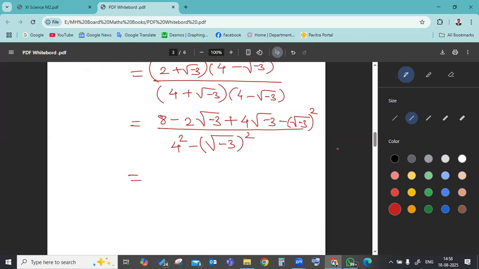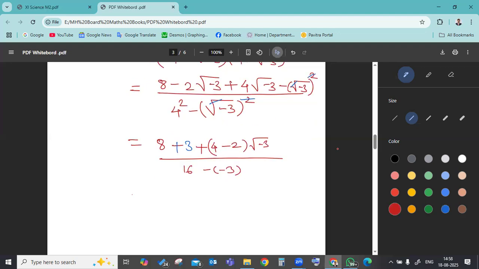So it becomes what? 8 minus, the square and root will get cancelled, minus of minus 3 plus 3, and then plus 4 minus 2 root -3, upon 4 squared becomes 16 minus minus plus 3.